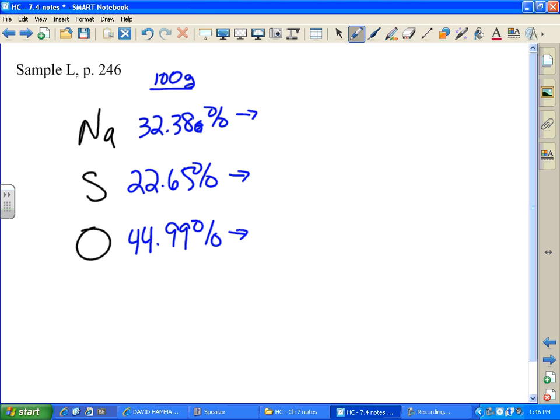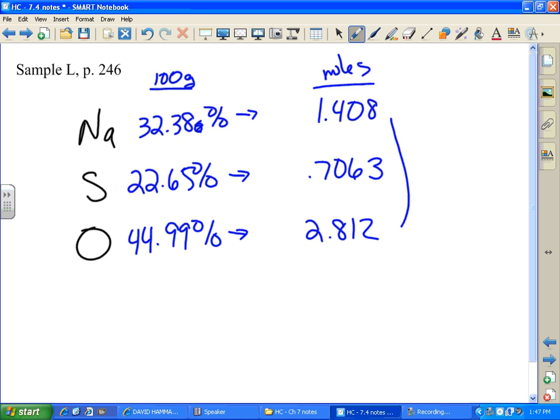So as you can see there on page 246, you have 32.38 grams of sodium, 22.65 grams of sulfur, and 44.99 grams of oxygen. Dividing by their molar masses, we get moles of 1.408 for sodium, 0.7063 for sulfur, and we get 2.812 for oxygen. Now, what we want to do is just put them in a ratio, as you can see in the book.